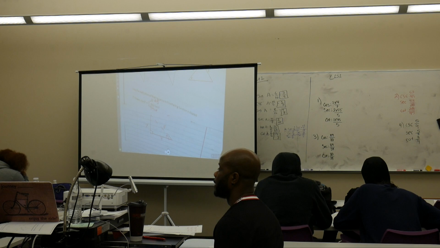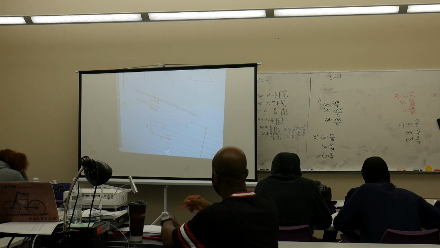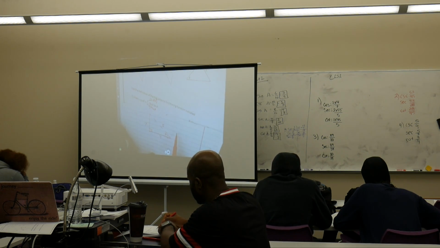All right? So we need to find that. We'll go to our Pythagorean theorem, and it says a squared plus b squared equals c squared. So 4 squared plus x squared is equal to 5 squared.